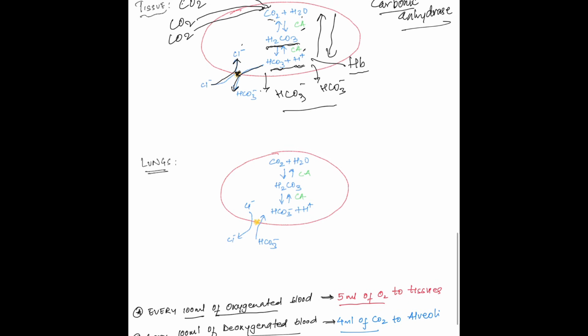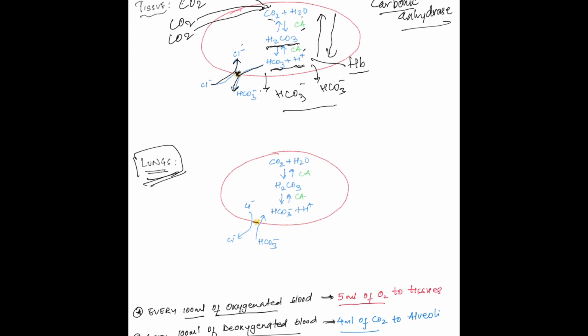As blood is continuously circulating in the blood vessels, this blood containing the plasma and RBCs reaches the lungs. We all know that oxygen is in high concentration in the lungs. This oxygen enters into the RBCs and binds to the hemoglobin. This binding of oxygen to the hemoglobin results in release of hydrogen ion, or release of proton.